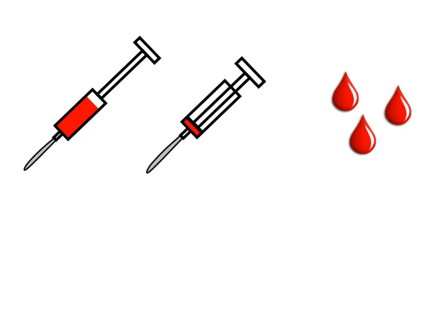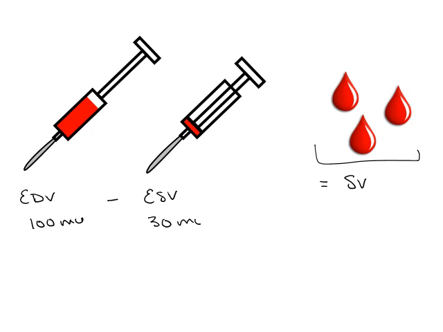In order to calculate our stroke volume, how much blood came out, we take our end diastolic volume, that was 100 mils, and subtract our end systolic volume, which was 30 mils. That gives us 70 milliliters for our stroke volume.